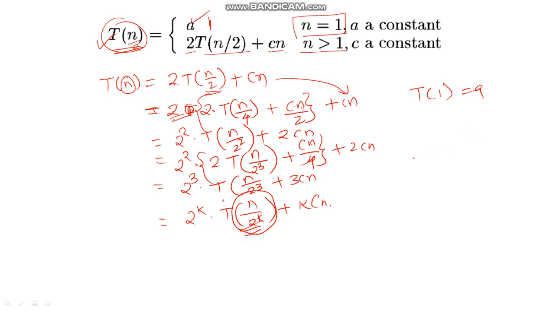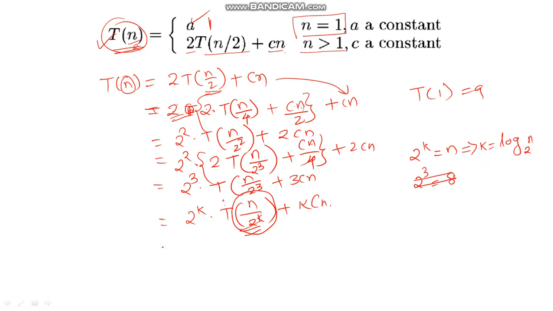So what I will do is substitute 2 raised to k equal to n. For example, 2 raised to 3 is equal to 8. So if n is 8, then 2 raised to k is equal to 8. Then if 2 raised to k is equal to n, it means that k is equal to log n. Wherever there is a k, that will be log n to the base 2.